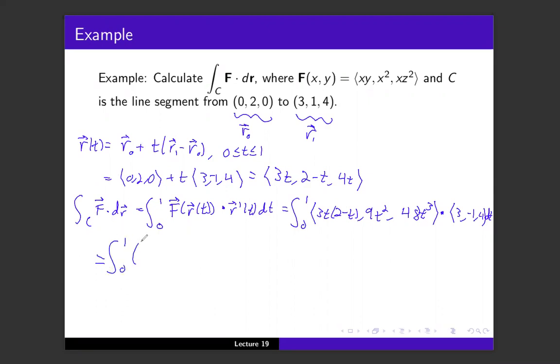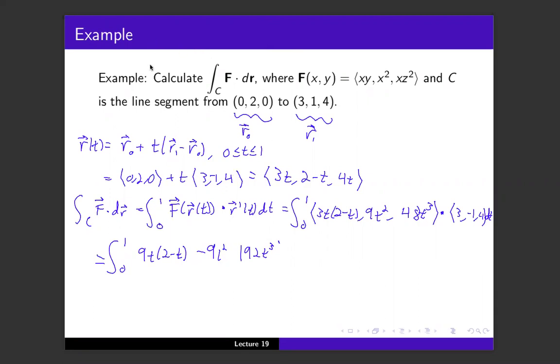0 to 1, the integral becomes 9t, 2 minus t, negative 9t squared, 48 times 4, so 48 times 4 is 192 t cubed. Oh gosh, I'm making a terrible mistake.